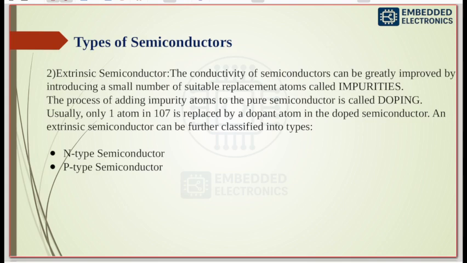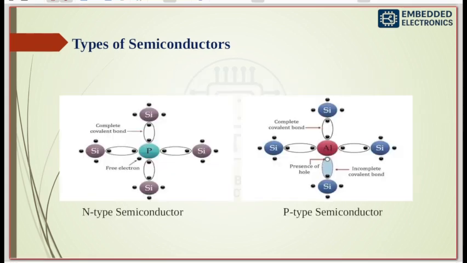These are called impurities. The process of adding impurity atoms to a pure semiconductor is called doping. An extrinsic semiconductor can be further classified as p-type and n-type semiconductor. So let's see about this.